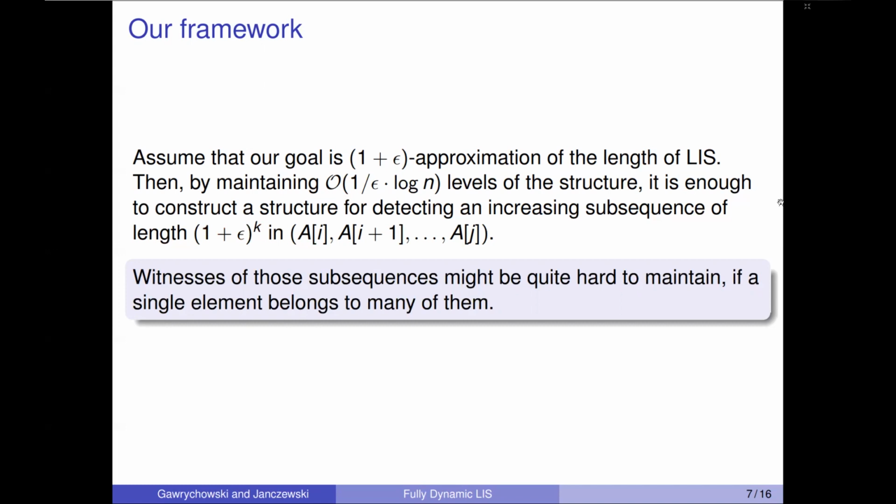And the problem is if a single element of an array occurs in too many witnesses, then inserting such an element or deleting it can affect way too many places in our structure.